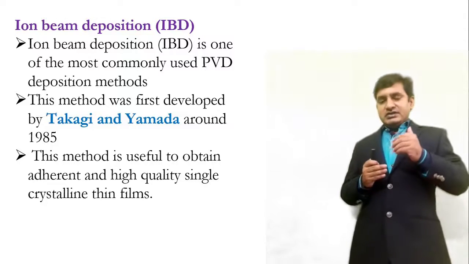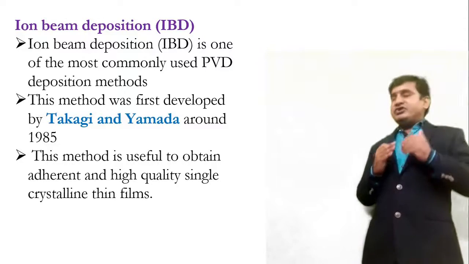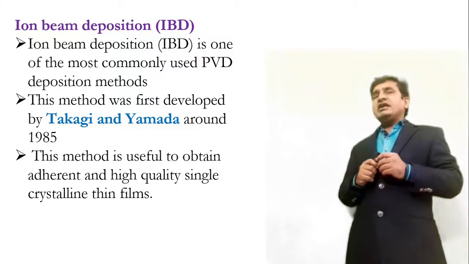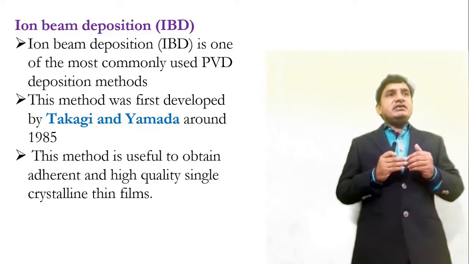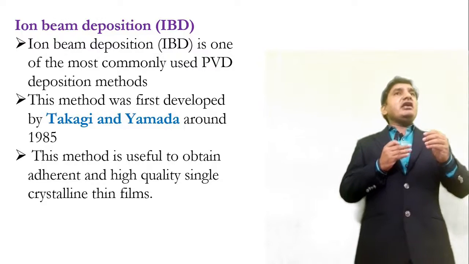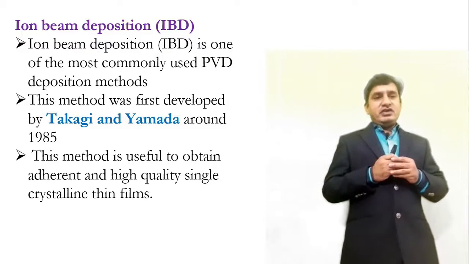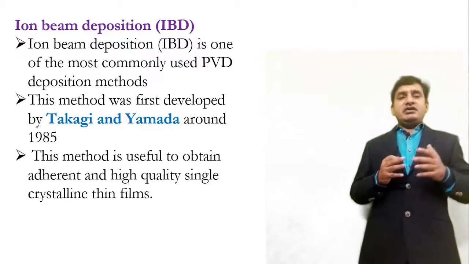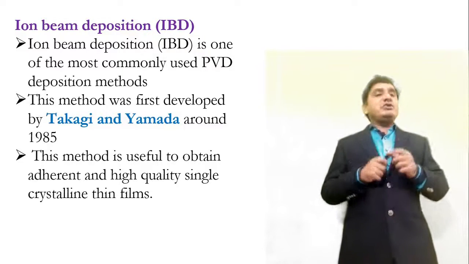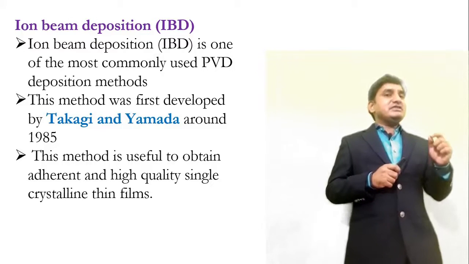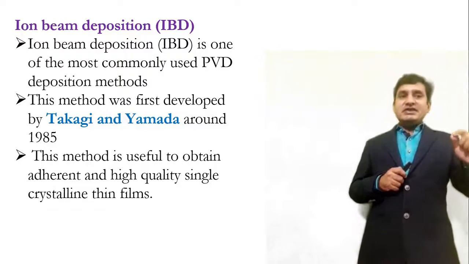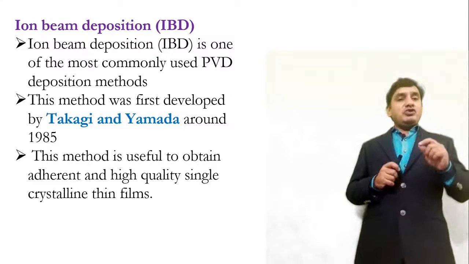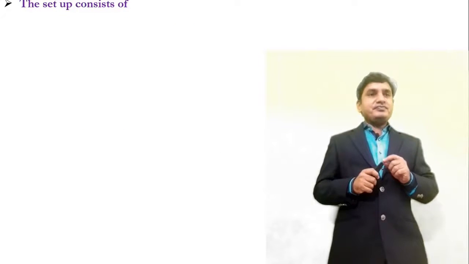So, the thin film produced by using this technique has very high adhesion, and high quality single crystalline thin film can be produced by using this method. This is one of the physical vapor deposition techniques.